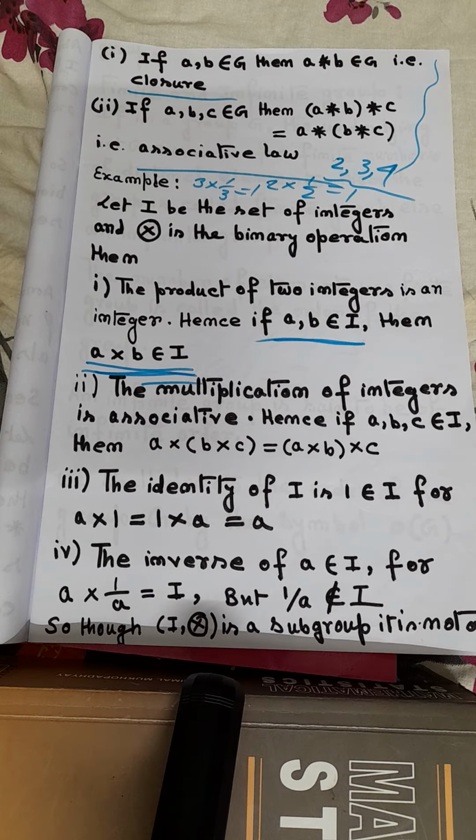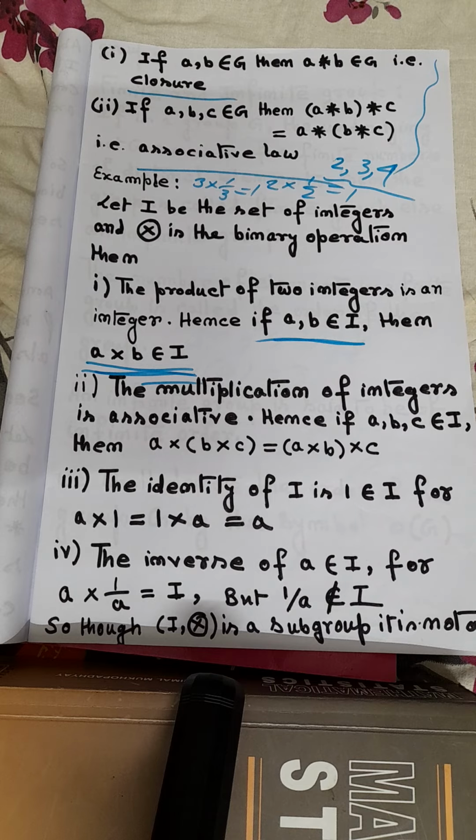And we know that if we multiply 1 into 2 into 3, what we will get? 6, correct? Then if we multiply 3 into 2 into 1, what we will get? 6. So we can say that multiplication of integers is associative. So we have two conditions satisfied: the first one is closure, and the second condition is associative law. Now let's check for the identity.